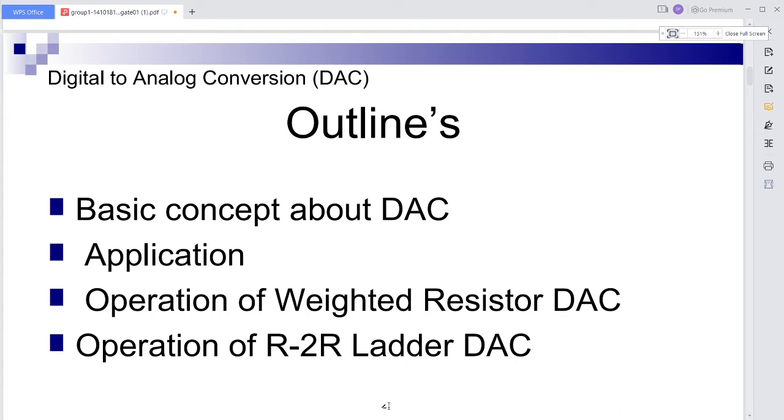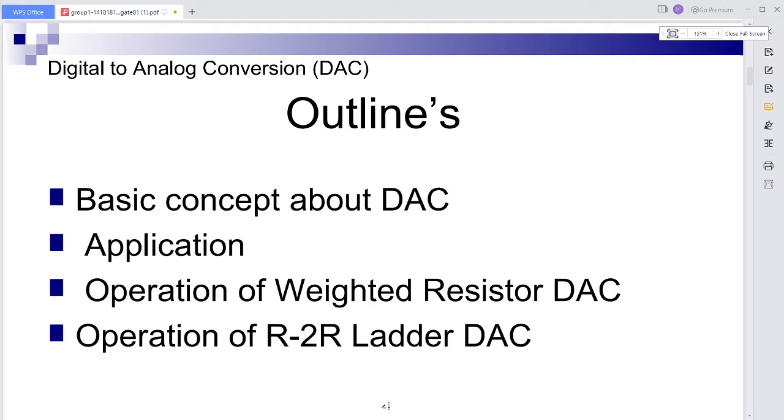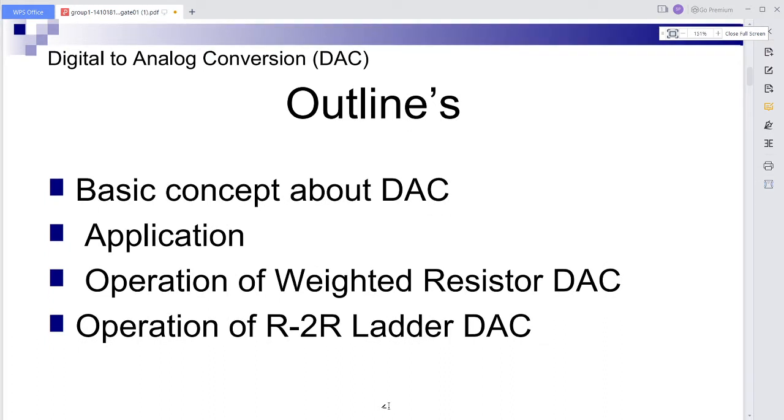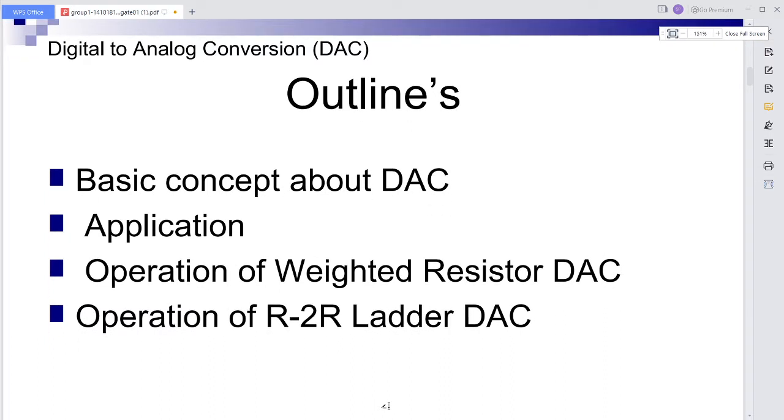In the previous classes, we have studied the necessity of data converters. In general, data converters are integrated circuits that can be used in digital systems to convert one form of data into another form.